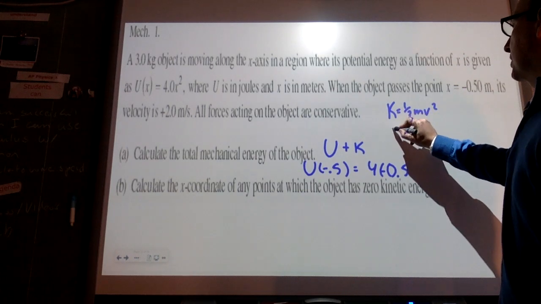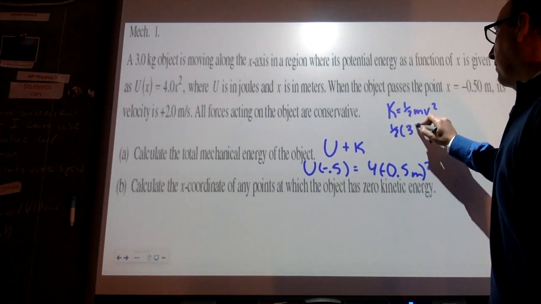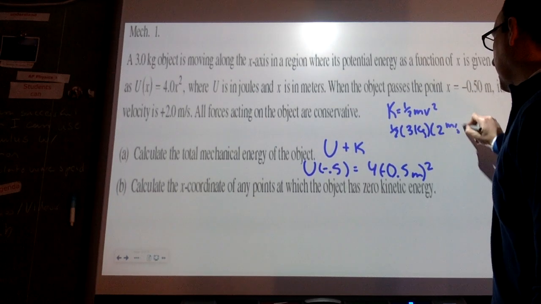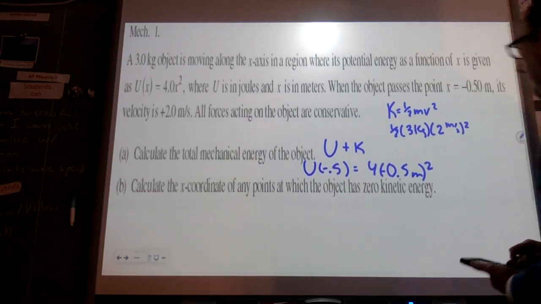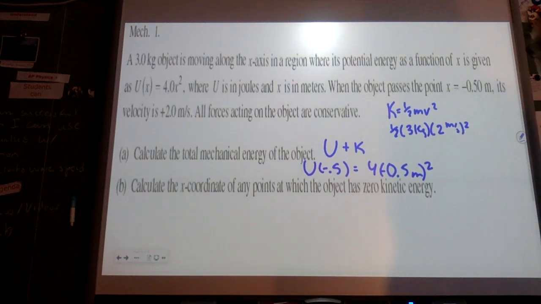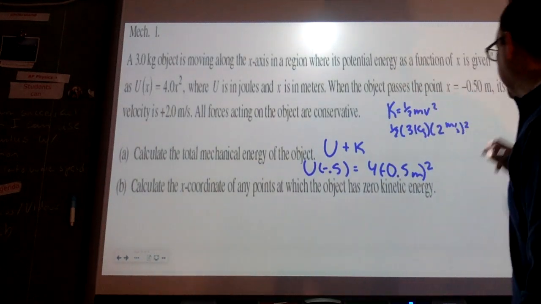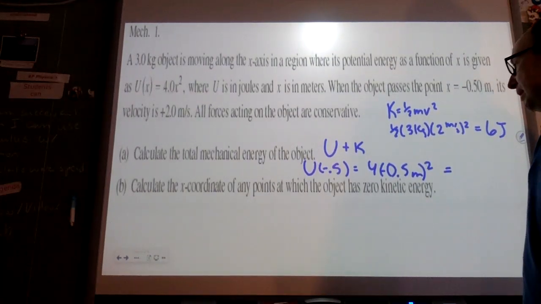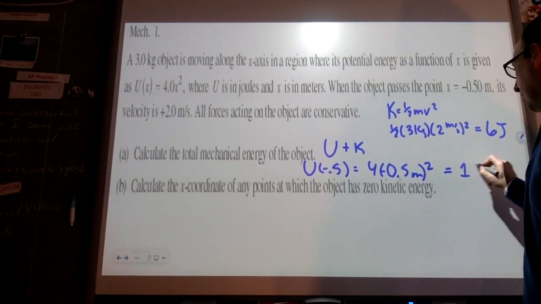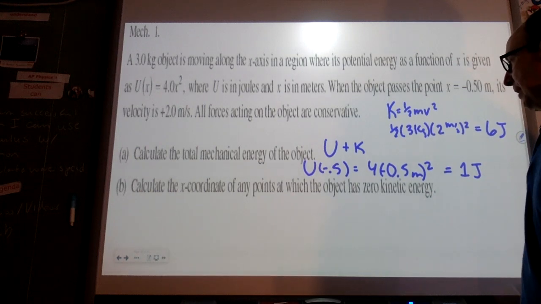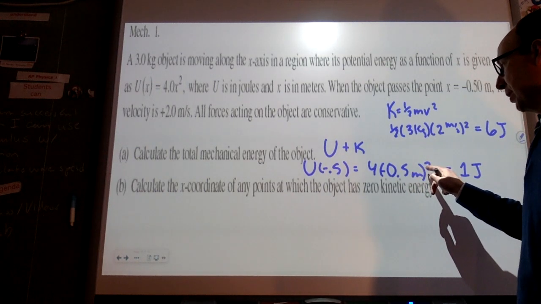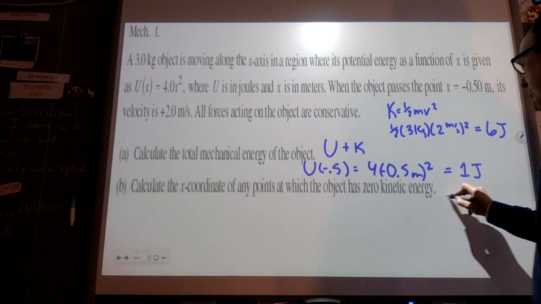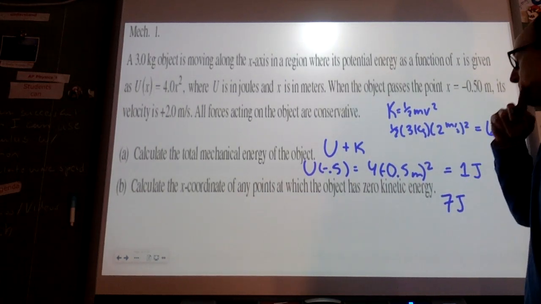And this is going to be 1/2 times 3 kilograms times 2 meters per second squared. So that's 4 times 3 is 12, divided by 2 is 6. So I have 6 joules of kinetic energy at that moment. And I have 1 joule of potential energy, right? Because 1/2 squared would be 1/4, and 1/4 times 4 would be 1. So that's 7 joules of total energy.